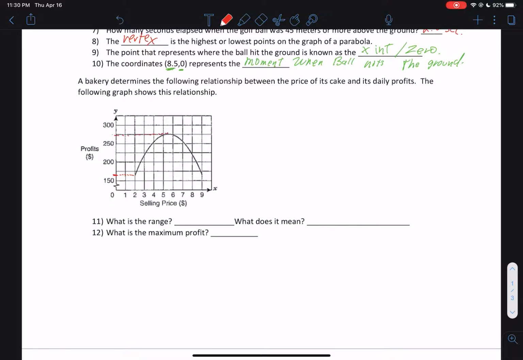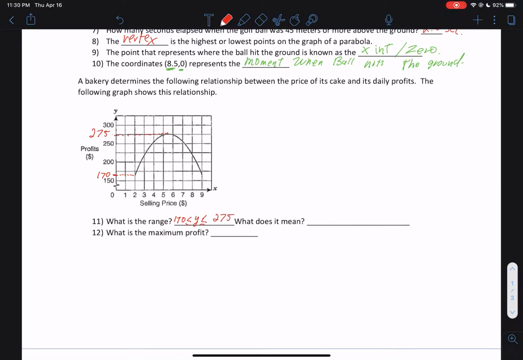The top one is 275, and the lowest one, I would say about, let's say, 170. So what is my range? My range goes from 170, less than or equal to y, less than or equal to 275.